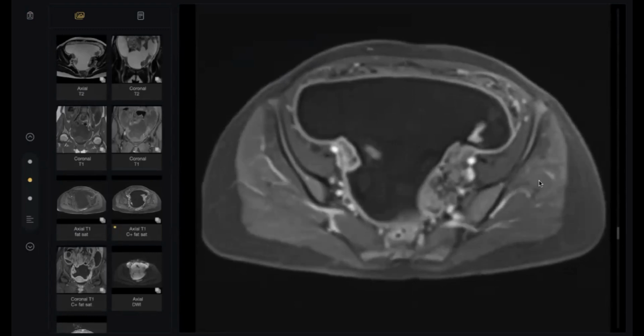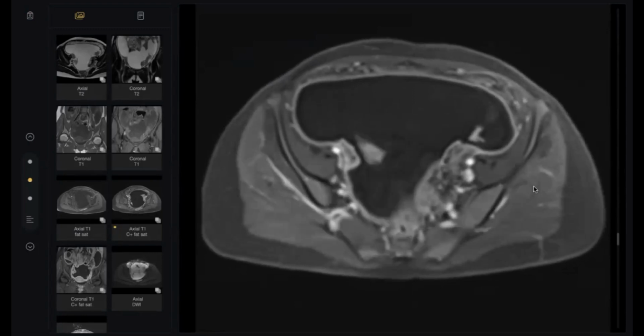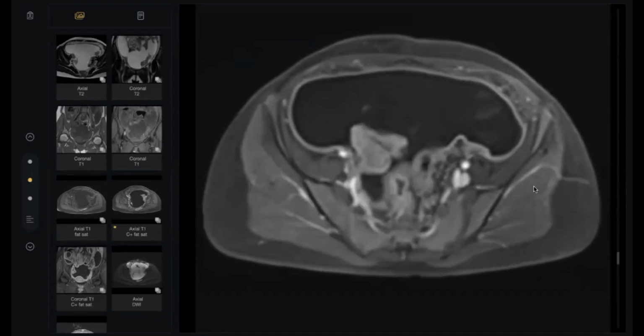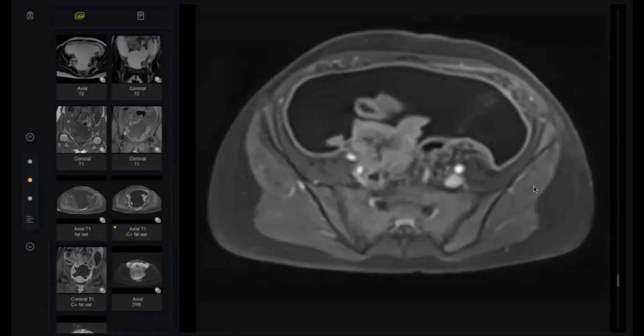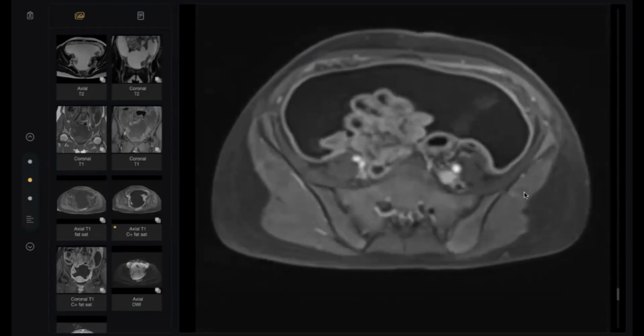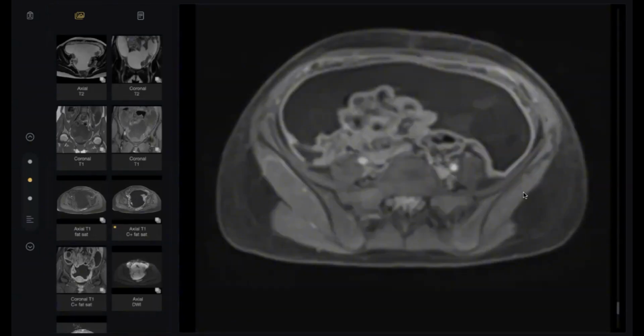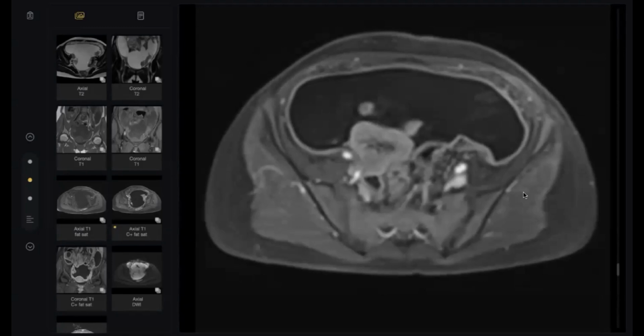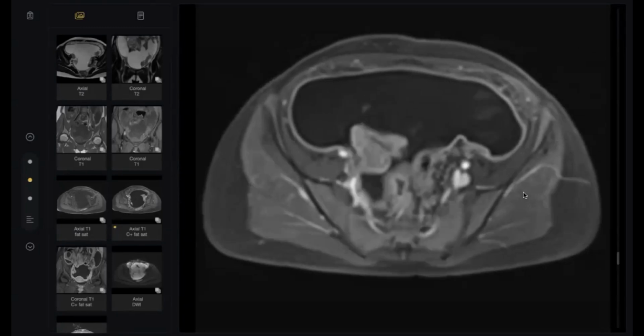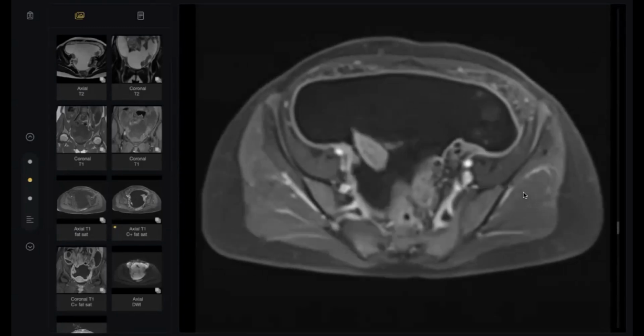The first significant abnormality that I can see on this image is significant smooth enhancement of the peritoneum, and I can see a few areas of nodular enhancement also.